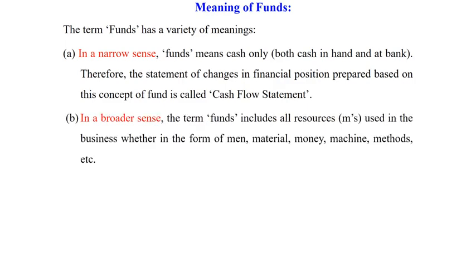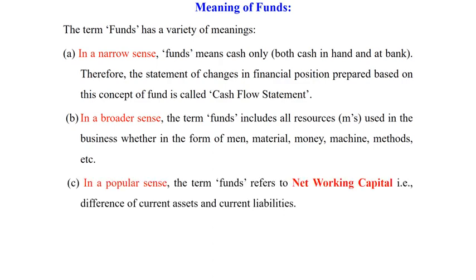In a broader sense, the term funds includes all resources. We call them as men, material, money, machine, methods, management, etc. All those resources are termed as M's. Then in a popular sense, the term funds refers to working capital, that is net working capital.